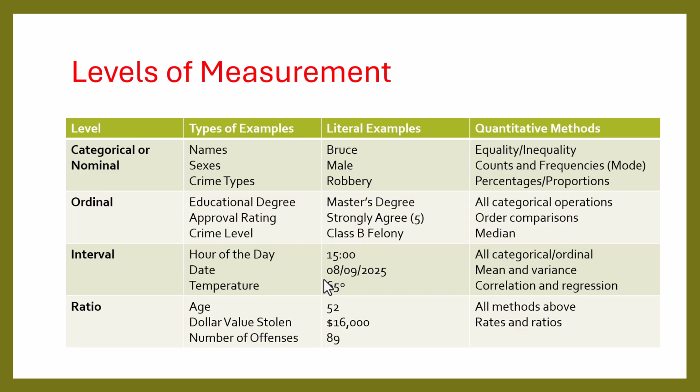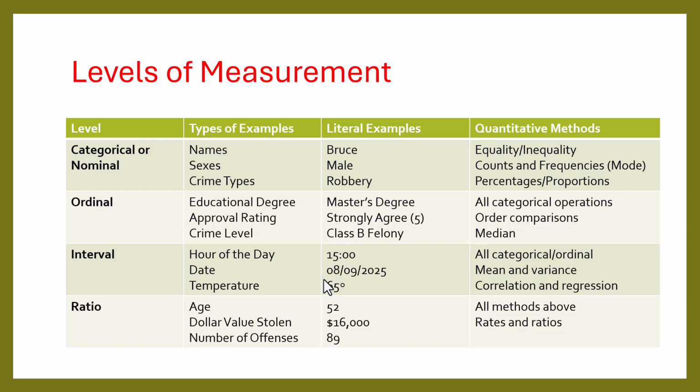Whereas with some interval data, like the hour of the day, what does 0 mean? Well, it means midnight. It doesn't mean there's no time, right? It just means that's where our particular system of timekeeping happens to break off and start over every day. So, you can't really average times the same way that you can with ratio data, like ages.